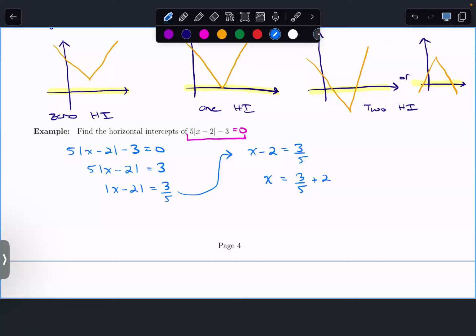But I need a common denominator, so my go-to move is just multiply by 5 over 5. I'm allowed to multiply by 1. Doesn't change. 2 times 1 is still 2, as long as you do it to both sides. So then I get x must be 3 plus 2 times 5 is 10 over a common denominator of 5, so 13 over 5.